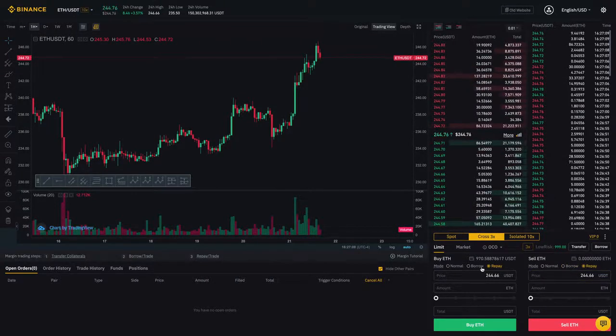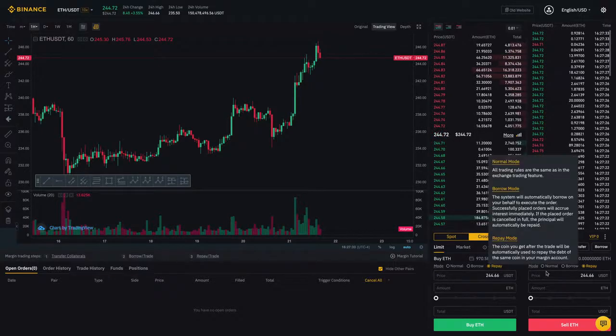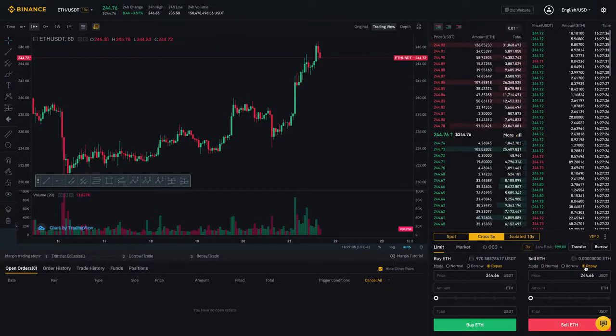So let's just say you borrowed some Ethereum, and then you want to repay it. So that's what that option is. So pretty much the only difference between spot and cross is that you can trade on margin or borrow essentially, and there are some functions here that allow you to borrow and repay.